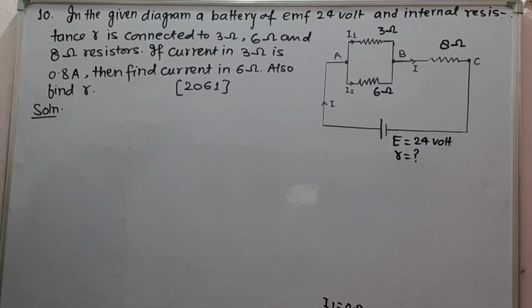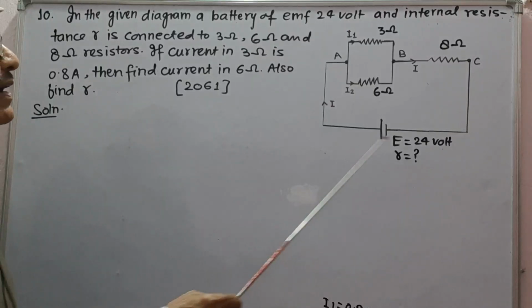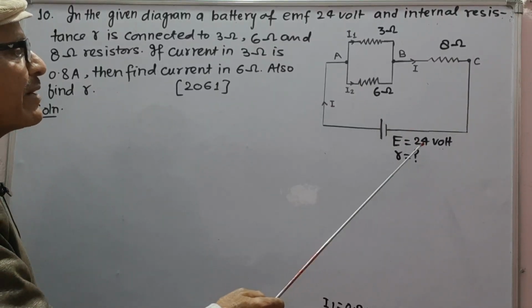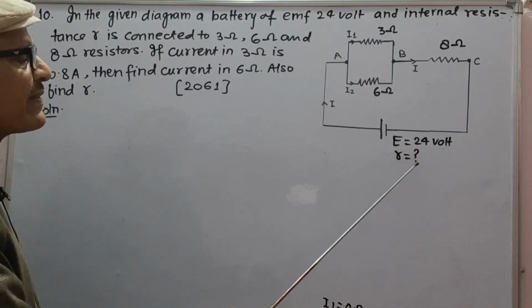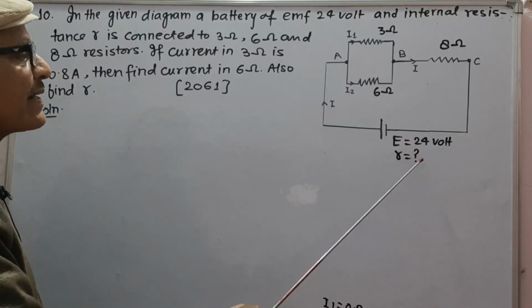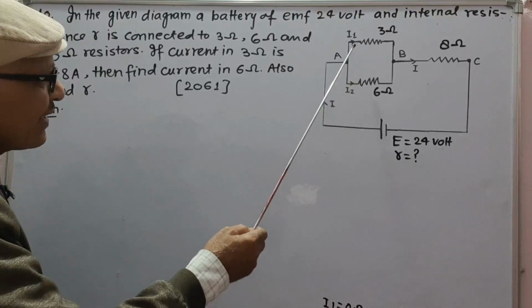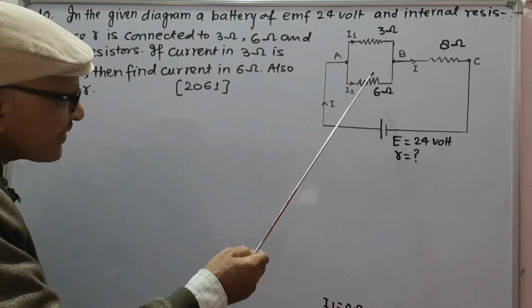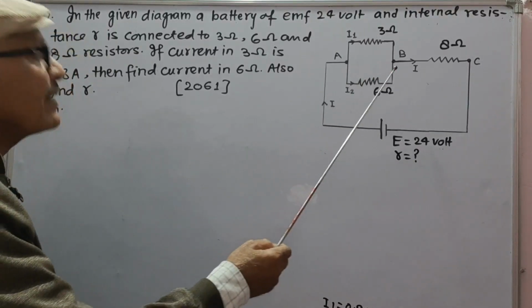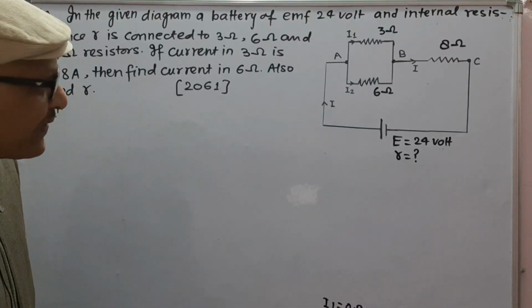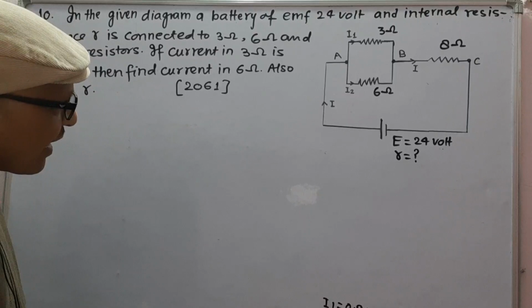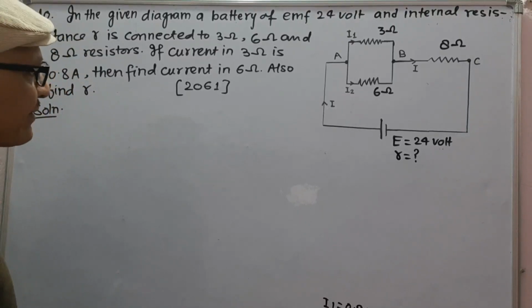So, in this diagram, this is a battery of EMF 24 volt and unknown internal resistance r. 3 ohm and 6 ohm resistors are in parallel, whereas 8 ohm is in series. We have to find I2 and r.